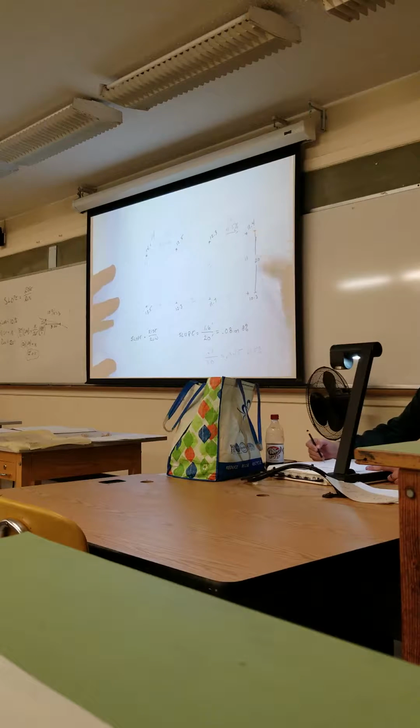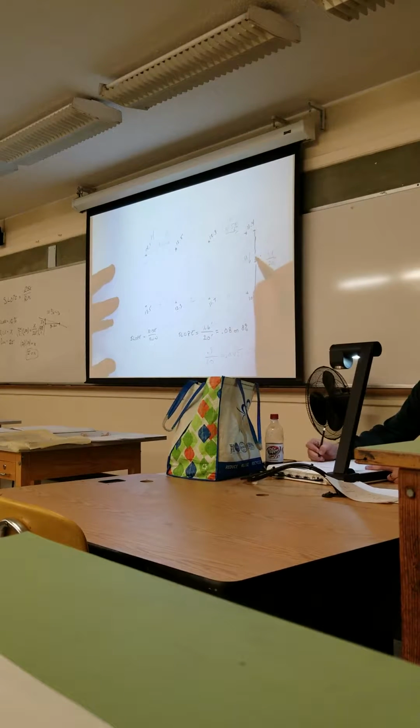So now from here to here, 11.4 minus 10.3, we want to figure out the slope. 11.4 minus 10.3 is 1.1, divided by 20 is 0.055, so 5.5%.